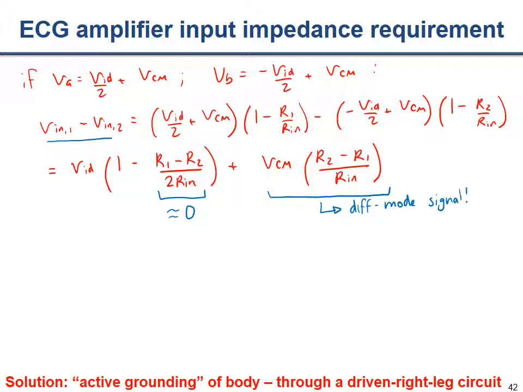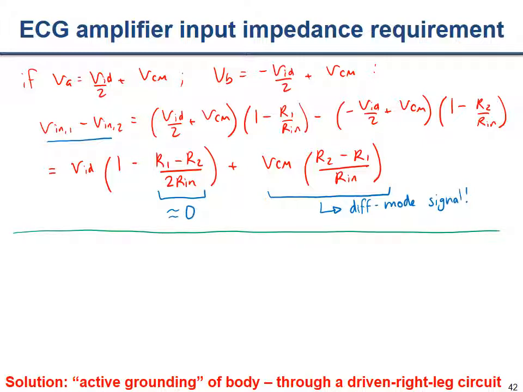The amplifier has infinite common mode rejection ratio, but because we have electrode offset impedances or mismatched electrode impedances, we actually get a common mode signal appearing as a differential mode signal in front of our amplifier. So despite having infinite common mode rejection ratio in our ideal amplifier here, we still have common mode signal that's entering the circuit. This is not good.